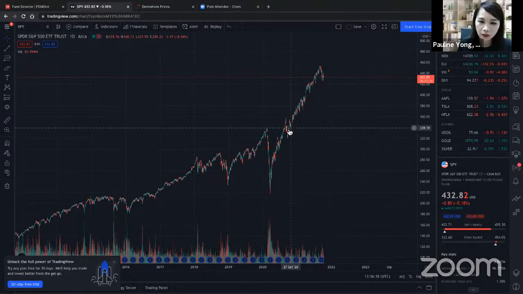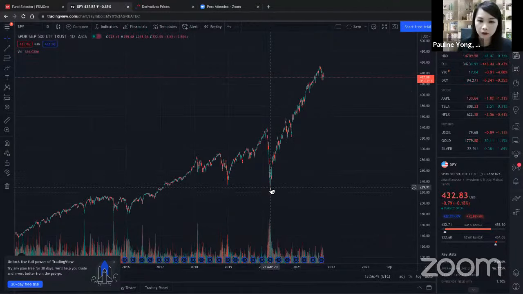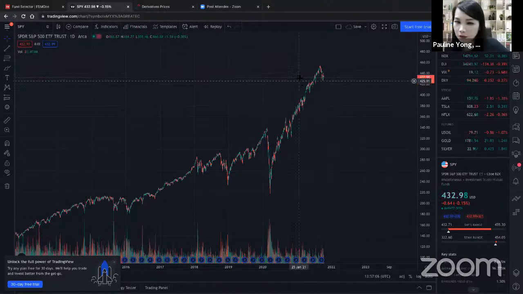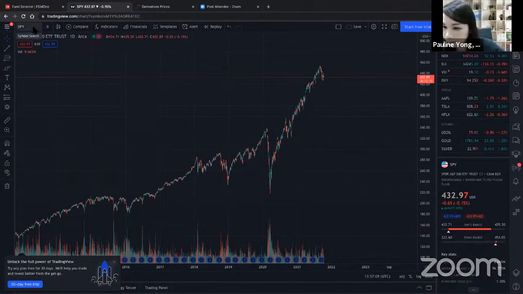Every time there's a correction, it is very shallow. This makes the counting of the wave a bit challenging. Nevertheless, let's say we start from March 2020 here. Let's say we count from here: 1, 2, 3, 4. This is just wave 4, and then you could be looking at 5. So the trend is still up there. The trend is still very bullish for SPY.